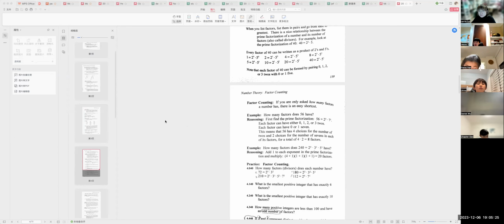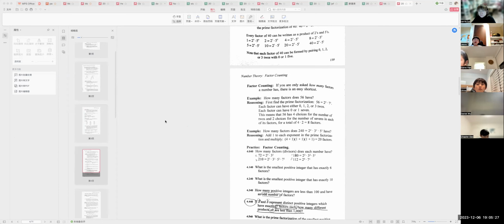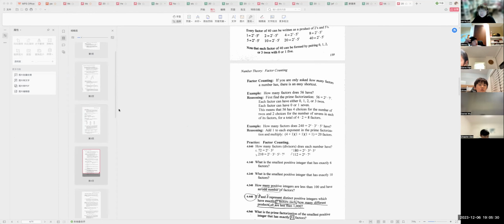So how many factors does 56 have? How many factors does 56 have?